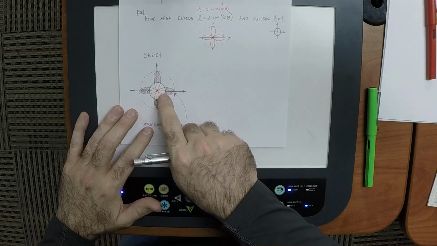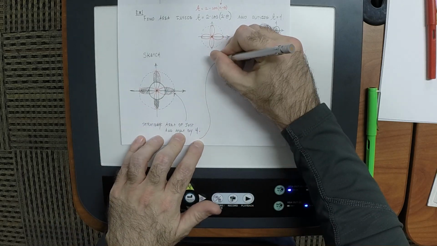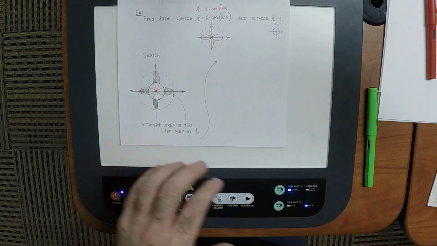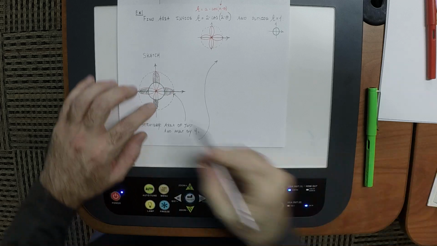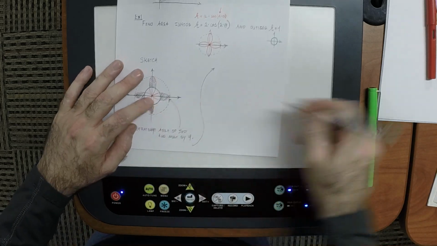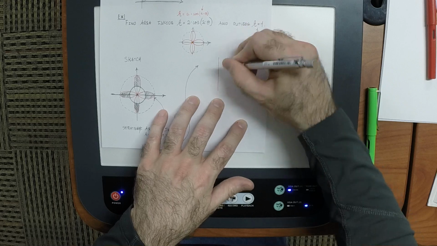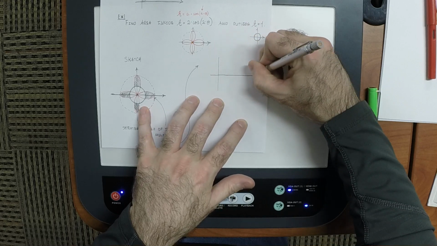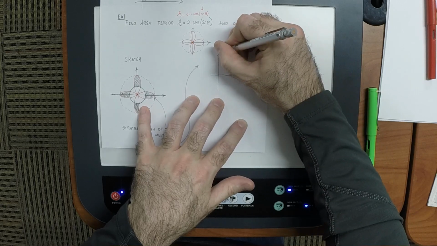So, in order to figure that out, I need to draw a big exaggerated version of it, so that it's easy to see. So I'm just going to draw the one that's on the right there.